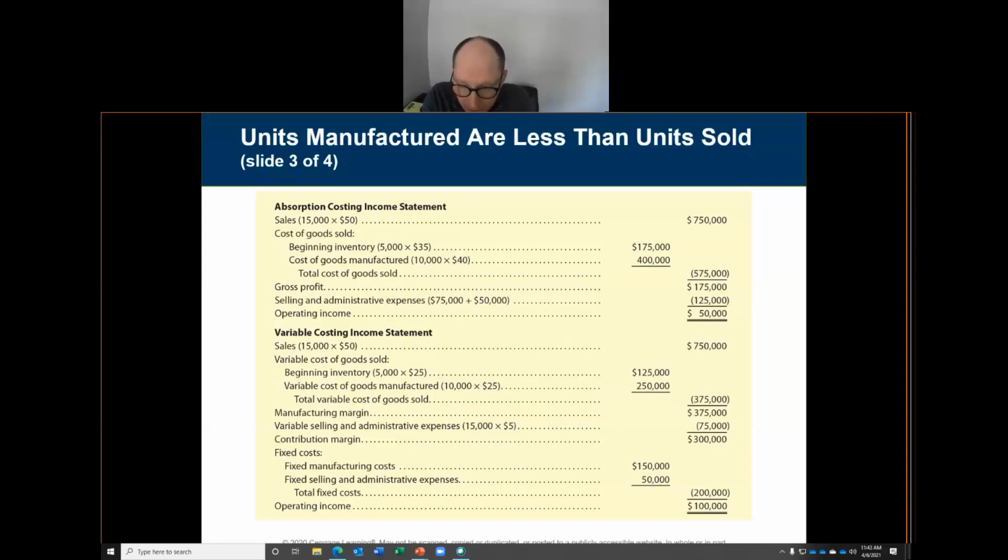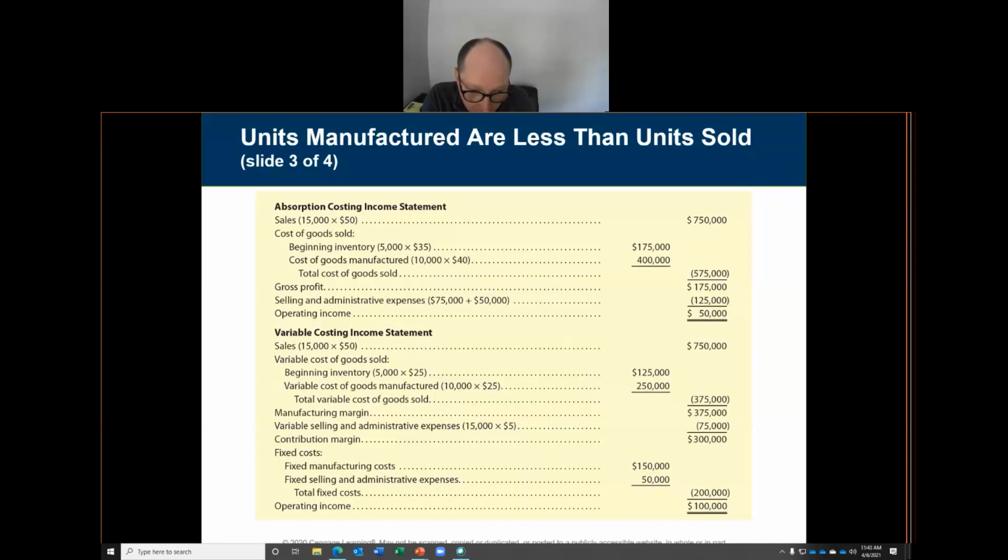750 minus 375 is 375 manufacturing margin. Variable selling administrative expenses, $5 per unit, 15,000 units sold during the period. That's 75,000. So 375 minus your 75 gets you to 300,000 contribution margin minus your fixed costs.